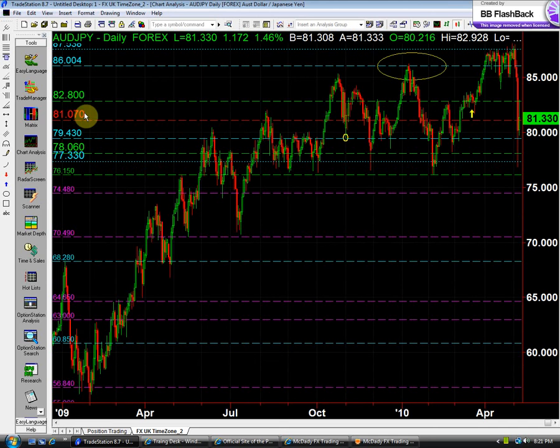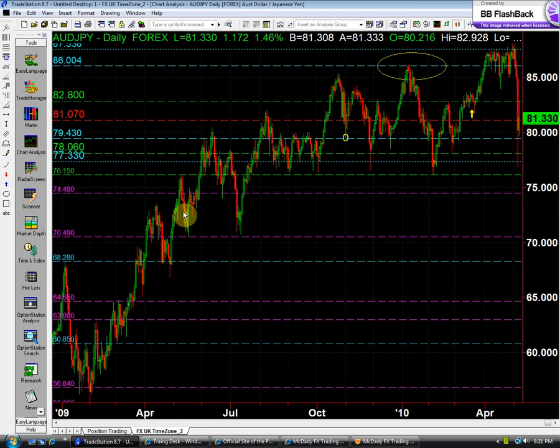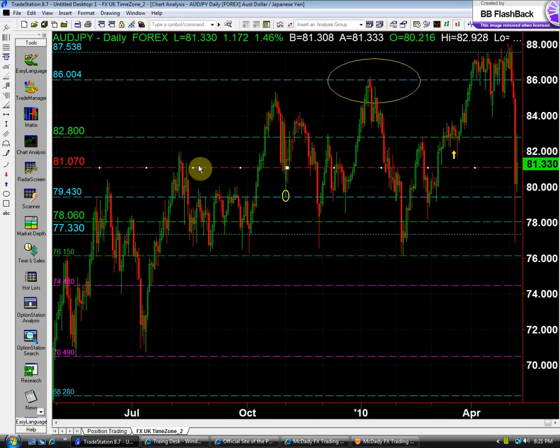We have a sell signal of 81. I don't know what that's from, so I'll delete that. So we have a structure point at 80.40.